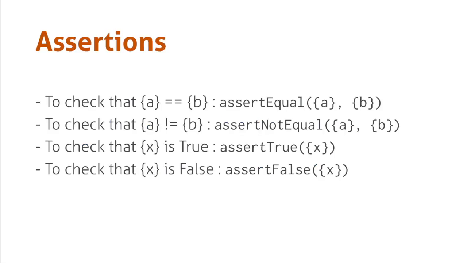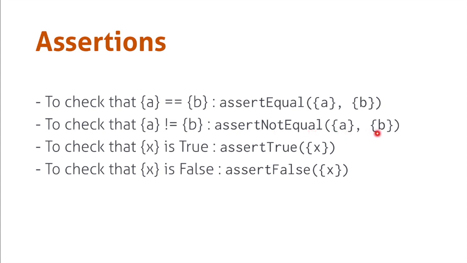Unittest provides a few assertion types that we can use. The only one you really need to remember is assertEqual, which checks to be sure that expression A is equal to expression B, and if they are equal, then it passes the test. If they're not equal, then it fails the test. assertNotEqual does the opposite.